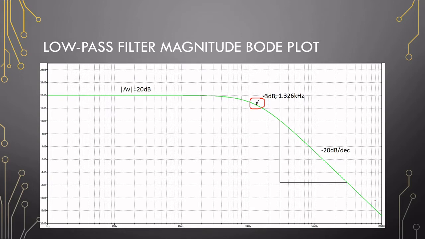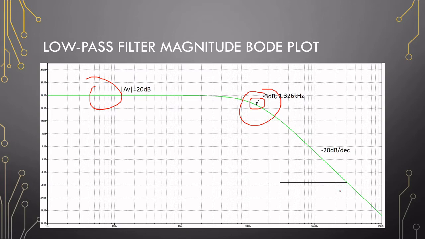And our roll-off rate here: for every decade that we move, our gain will decrease by 20 decibels. Okay, so the first problem will be based on the Bode plot. So frequency in the passband, the cutoff frequency, and what happens in this cutoff section right here.